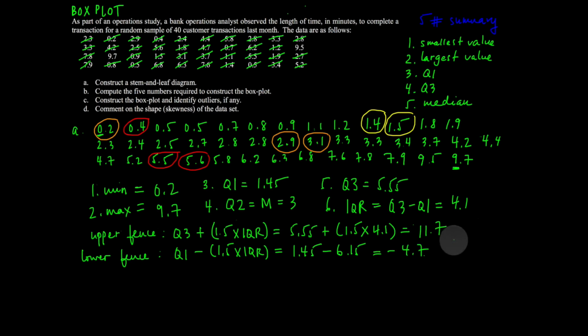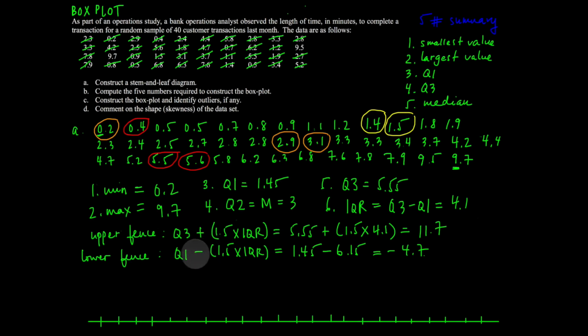Okay, so now that we have our two fences, our IQR, our three essential quartiles, our max and our min, we can go ahead and draw our box plot. Because we have our upper and lower fence, we can easily determine the unit scale that we want to use for a box plot, right? So over here, we're going to go as low as -5, since our lower fence is at -4.7.